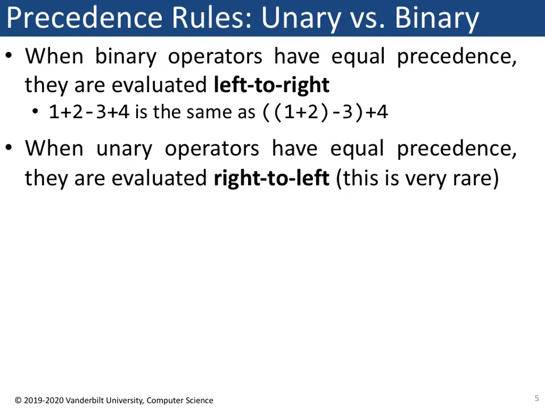So we would add 1 and 2, get the result 3. 3 minus 3 is 0, 0 plus 4 is 4. The effect is shown here using parentheses to show which occurs first, and it's just grouping from left to right. When unary operators have equal precedence, however, they are evaluated right to left. But this is not very common, so it doesn't come up very much.